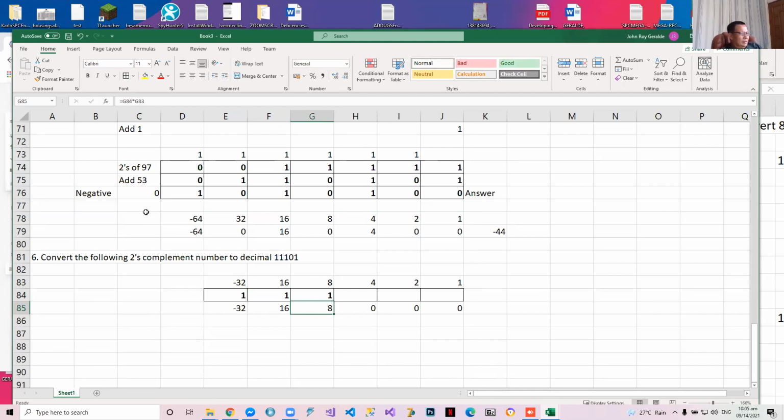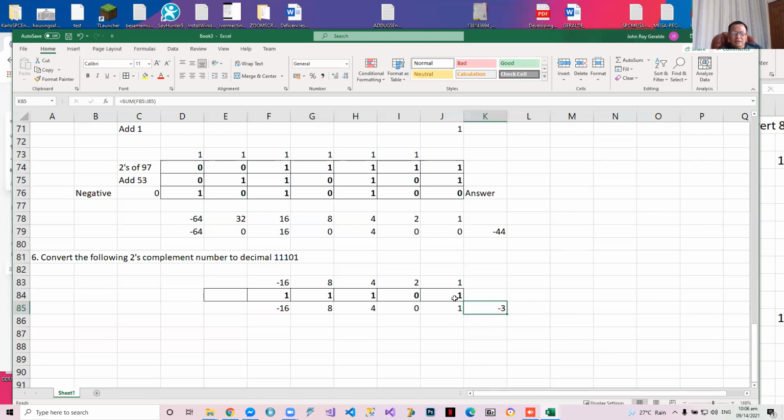We have extra, I'm sorry. We only need this: 1, 1, 1, 0, 1. And then we'll assign this a negative value, 16. And then we sum up. So this is negative 3. Do you follow? That's negative 3.